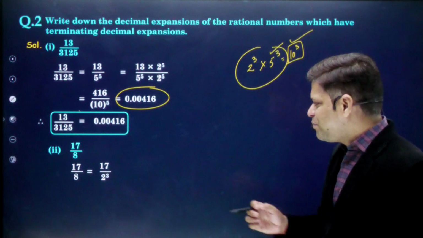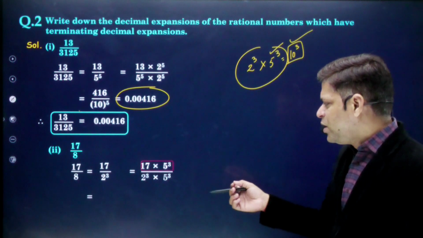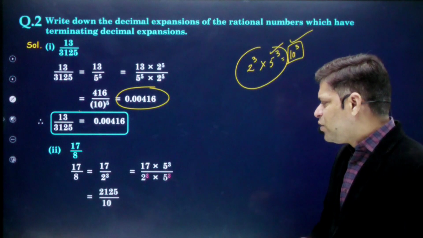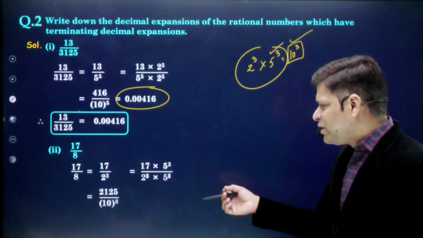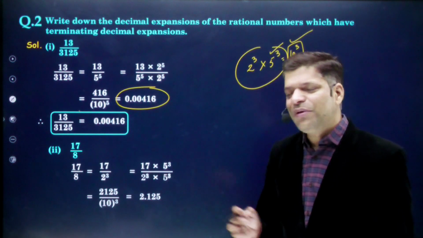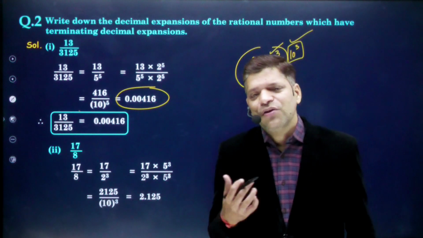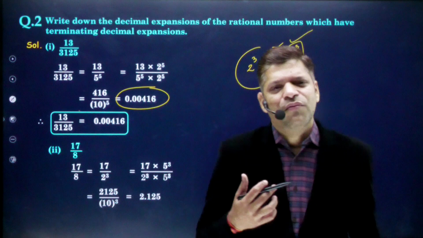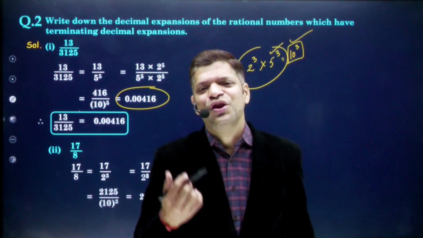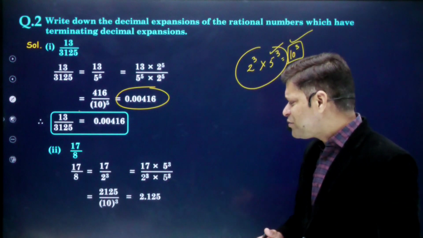Multiplying by 5 raised to the power 3, it will be equal to 2125 over 1000, or 10 raised to the power 3, so it will be 2.125.